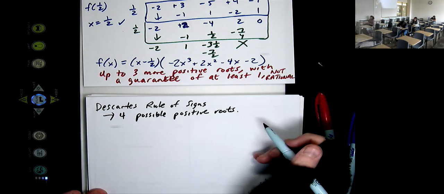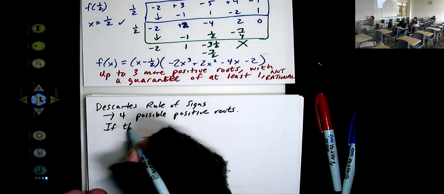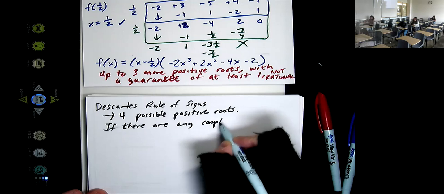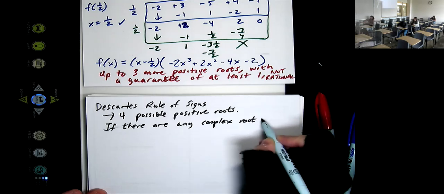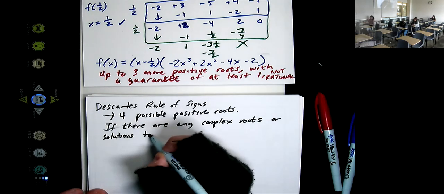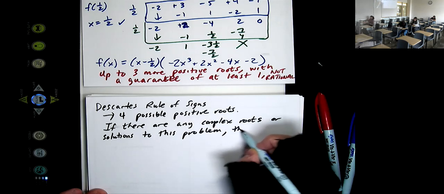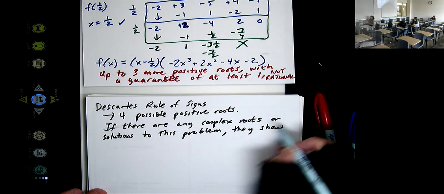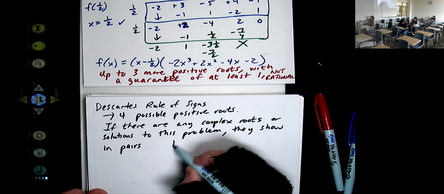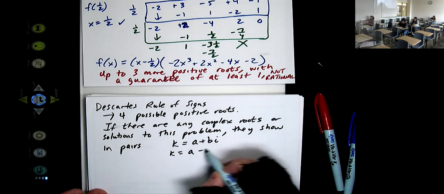If there are any complex roots in this problem, they show up in pairs. K equals a plus bi, and k equals a minus bi.